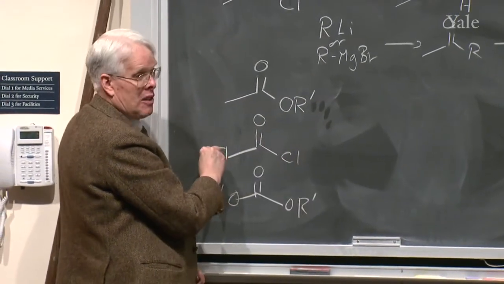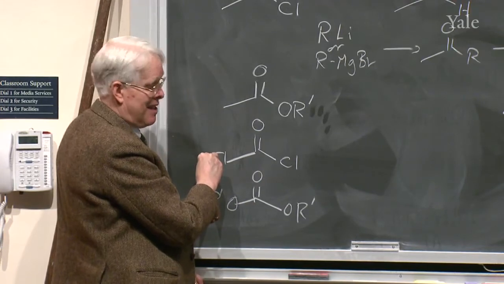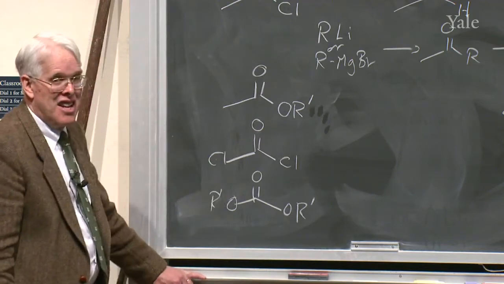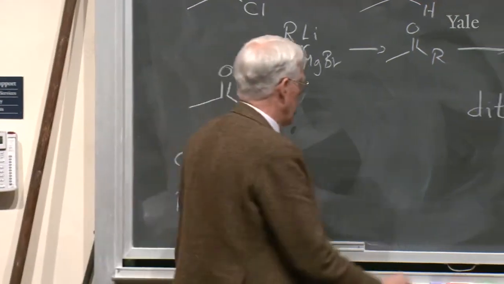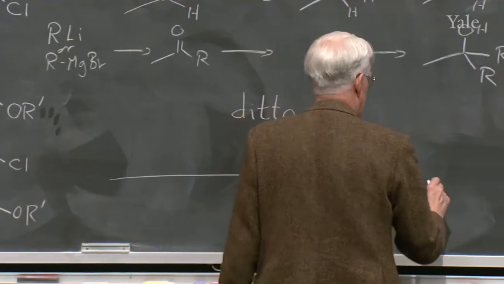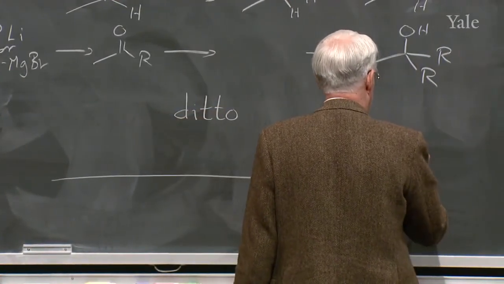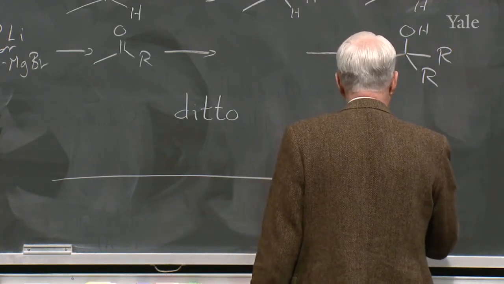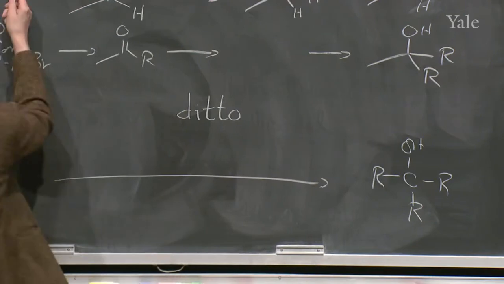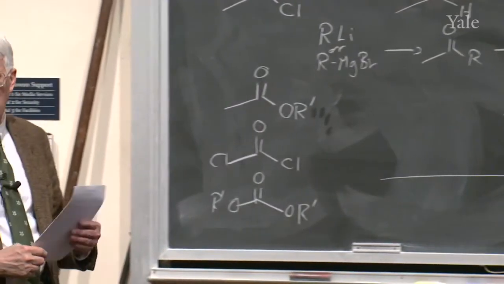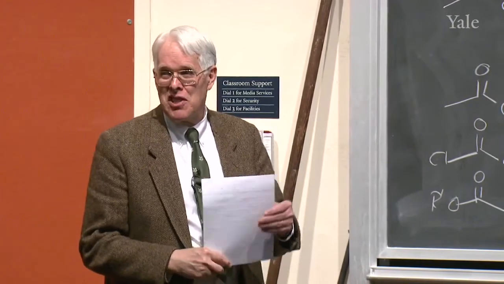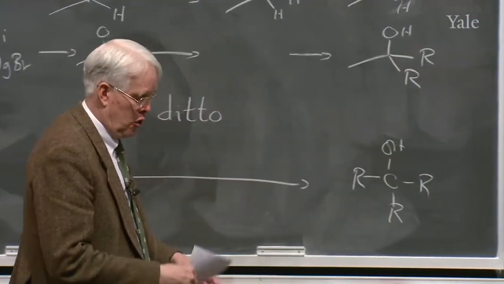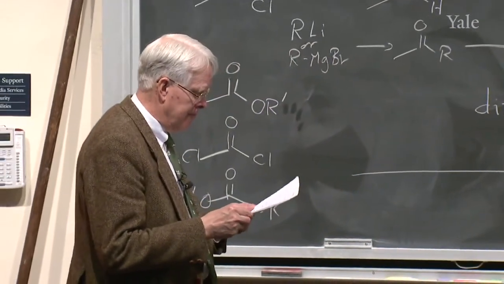Then you replace the other chloride by H minus or R minus, get an aldehyde or a ketone, and then you add to the carbonyl. So now we put 3 groups on. So we have a COH at the end with 3 R groups. You could do the same thing with the hydride, but there wouldn't be much point in making methanol that way. You're using expensive reagents to make something cheap. But if you want something that has 3 of the same R groups on it, that could be a practical way of going about it.